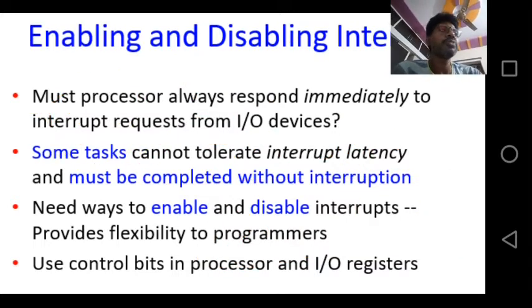So there should be a provision to enable or disable interrupt, by whom? The programmer. Then the user control bits in the processor and IO registers. So there should be some flexibility given to the programmer to enable and disable interrupt. It is very important.